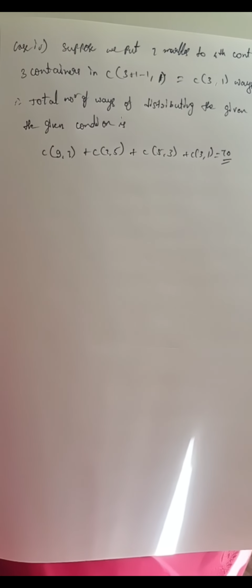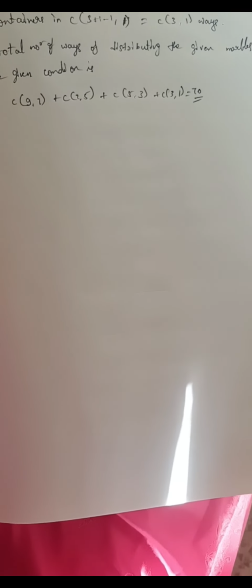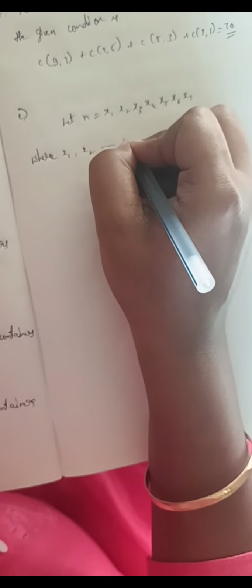Next, how many positive integers n can we form using the digits 3, 4, 4, 5, 5, 6, 7, if we want n to exceed 5000000? Let n equal x1, x2, x3, x4, x5, x6, x7, where x1 up to x7 are the given digits.